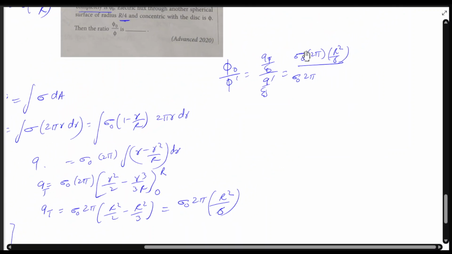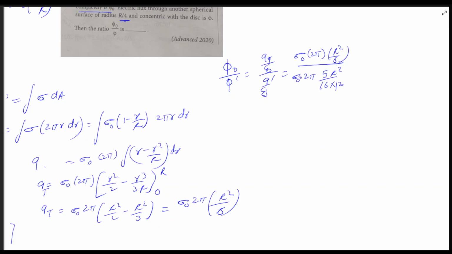So rho naught 2 pi, rho naught 2 pi, r square 6 into 2. So we will have 32 upon 5. So it will be 6.4, right? 6.4 will be the answer.